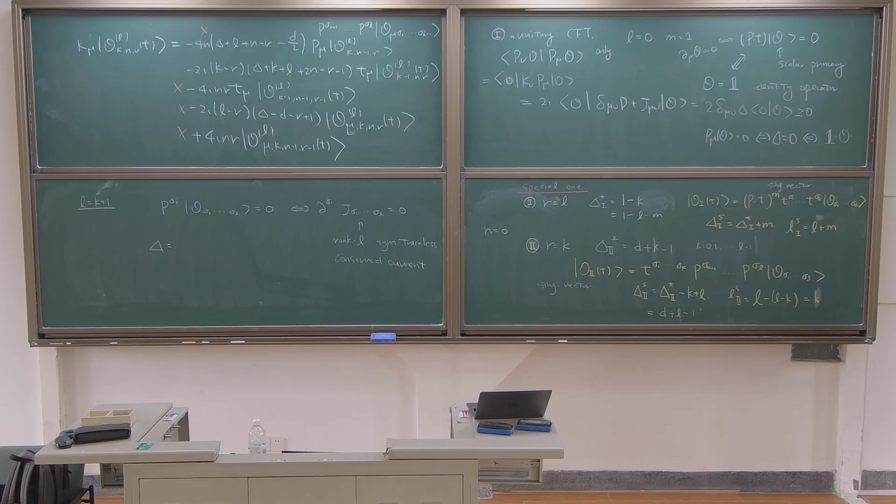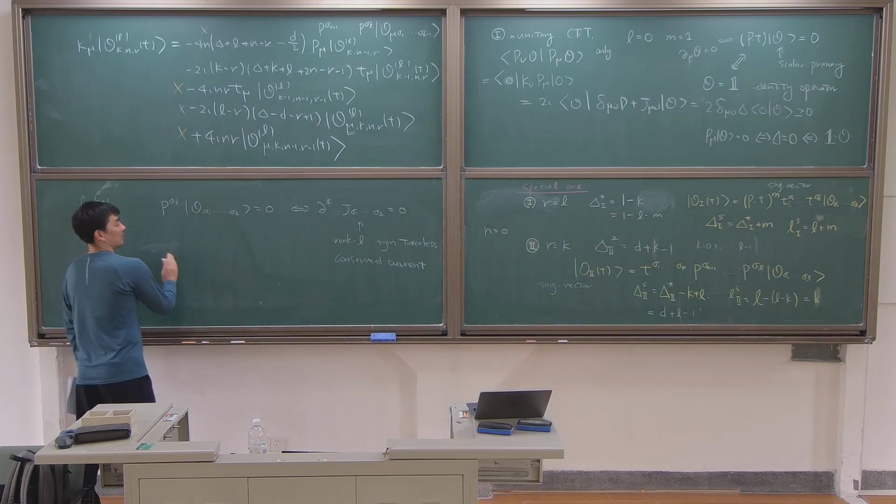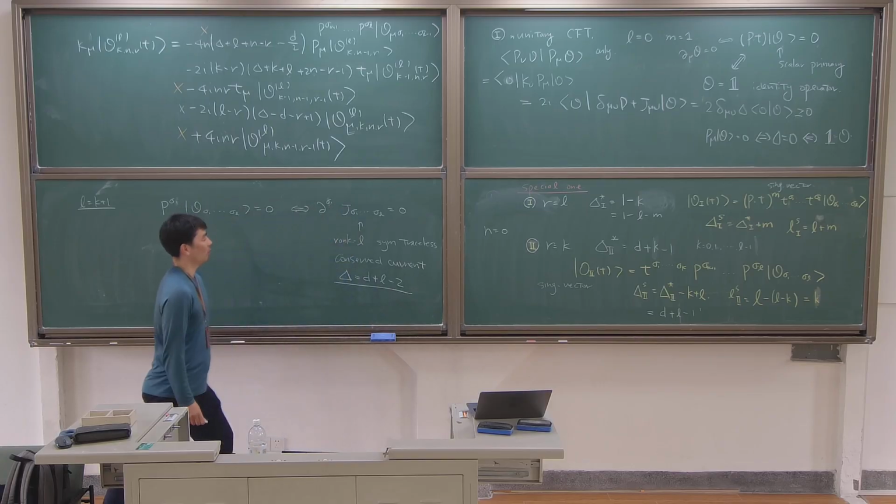Did I make a mistake? It's okay. So this is a D minus... Therefore, this J has conformal dimension D plus L minus 2.